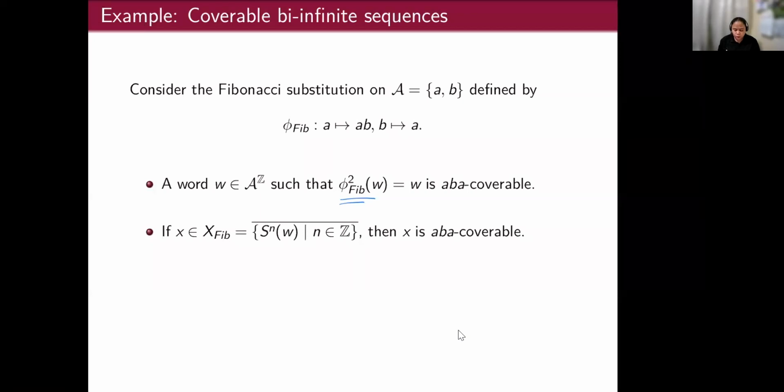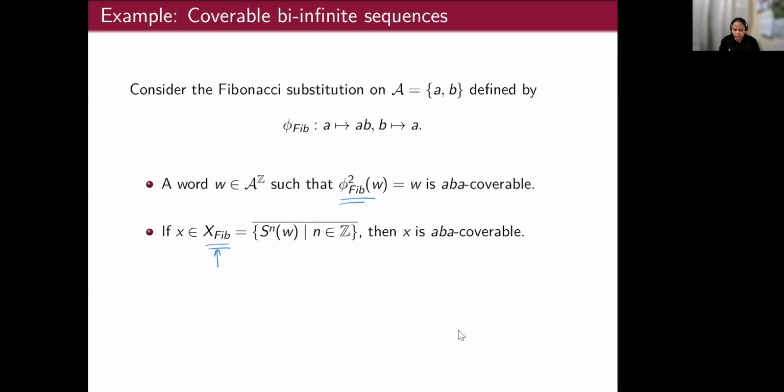In fact, all of the elements in this set are also ABA coverable. We know that all elements of this set are Sturmian. So what we have here are examples of bi-infinite Sturmian words that are coverable.